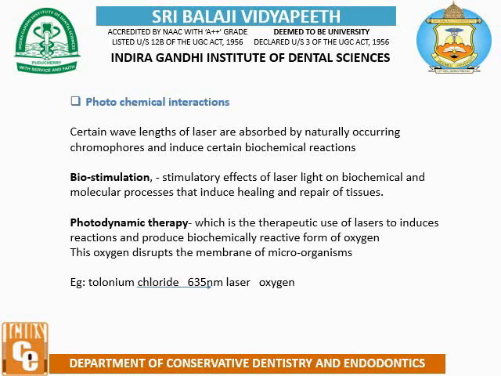Biostimulation, a stimulatory effect of laser light on biochemical and molecular processes that induce healing and repair of the tissue. Photodynamic therapy, which is a therapeutic use of laser to induce a reaction and produce a biochemically reactive form of oxygen. This oxygen disturbs the membrane of microorganisms. Example: toluidine blue under 635 nanometer laser gives oxygen.